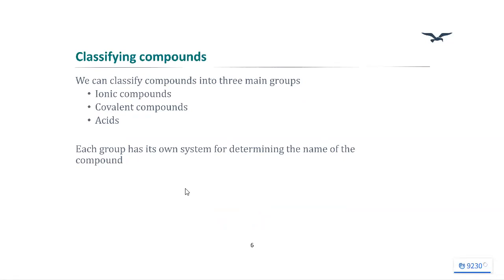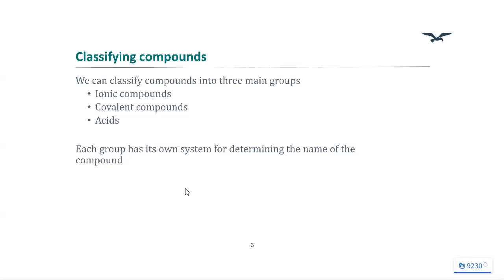So as we start to look at these three main groups of compounds, we've already talked a little bit about ionic compounds and how to recognize them. The other two kinds of compounds are covalent compounds.